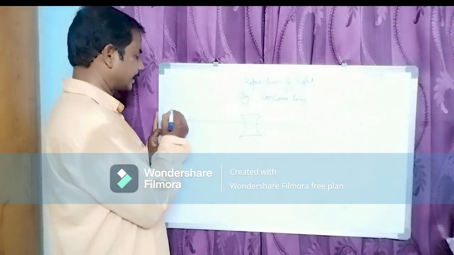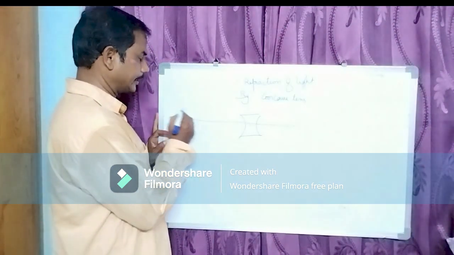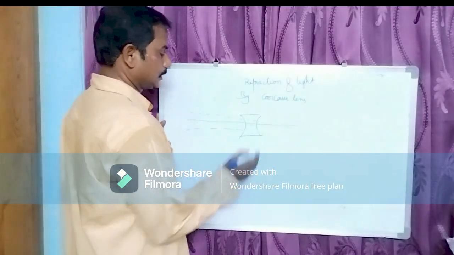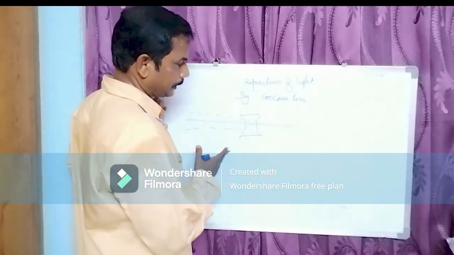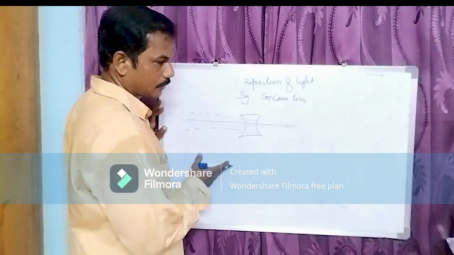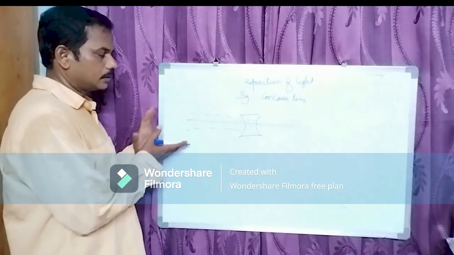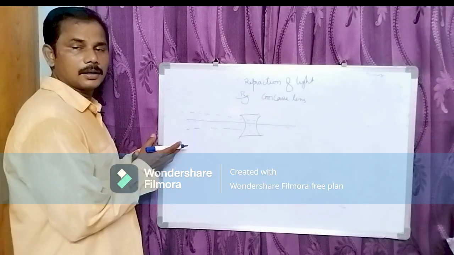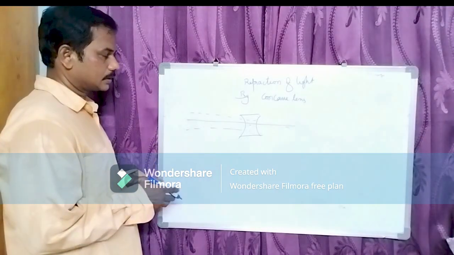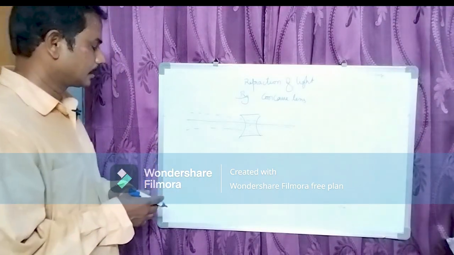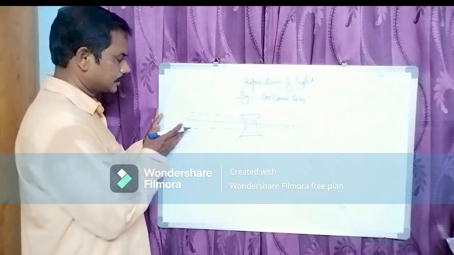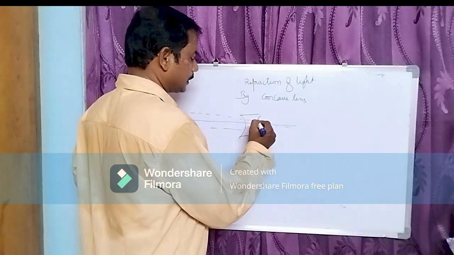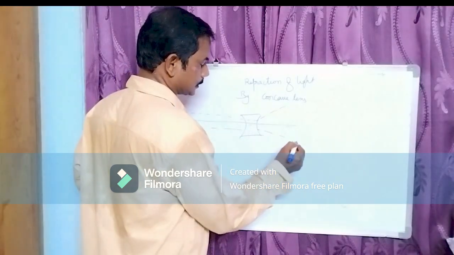When the object is at infinity and the lines are parallel to the principal axis, in the case of convex lens, all those parallel lines converge at the focus. But in this case, the lines parallel to the principal axis are diverged like this.